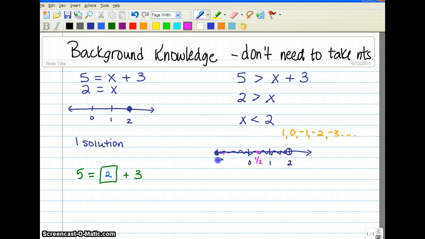A number like -2.5 or -2 1/3. There's a whole bunch of answers to this problem. Okay? So we need to remember that we have multiple solutions. In order to represent multiple solutions, we use a graph to show that. Okay, so we should be really good at all of that at this point.